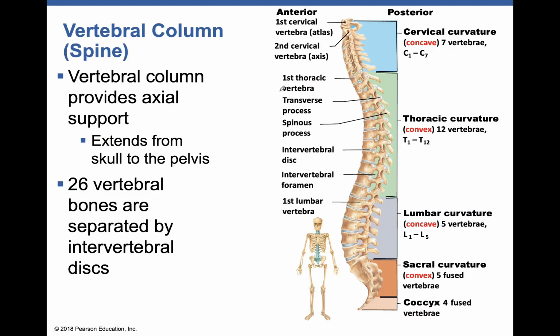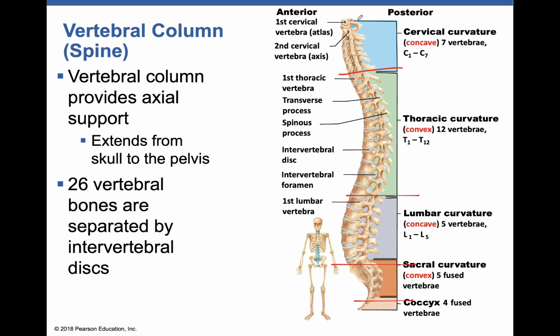So from the skull moving down to the vertebral column. The vertebral column has 5 major sections. Starting at the top, moving our way down to the bottom, you've got the cervical region. Then you've got the thoracic region, lumbar, sacral, and coccyx.